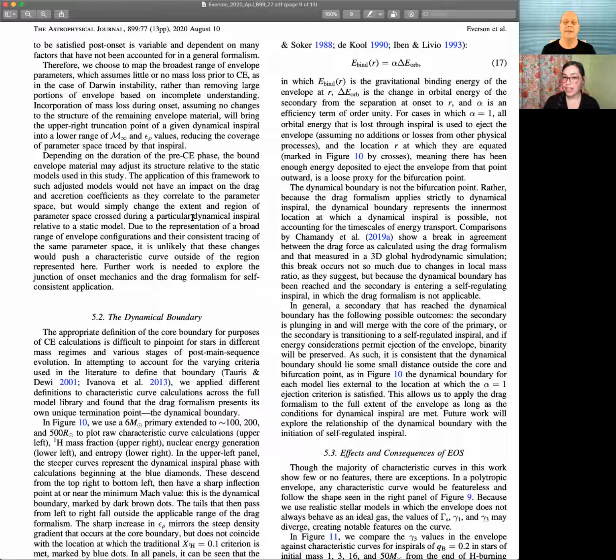What it's actually doing is looking at the structure of the primary envelope and asking, when are the Mach and epsilon rho values appropriate for this actual dynamical inspiral, and when would it stop because of these quantities.